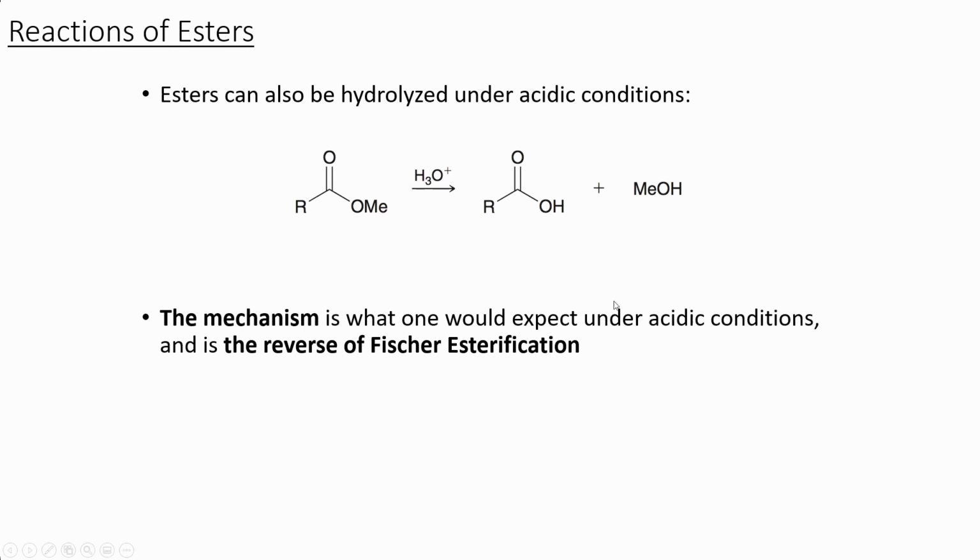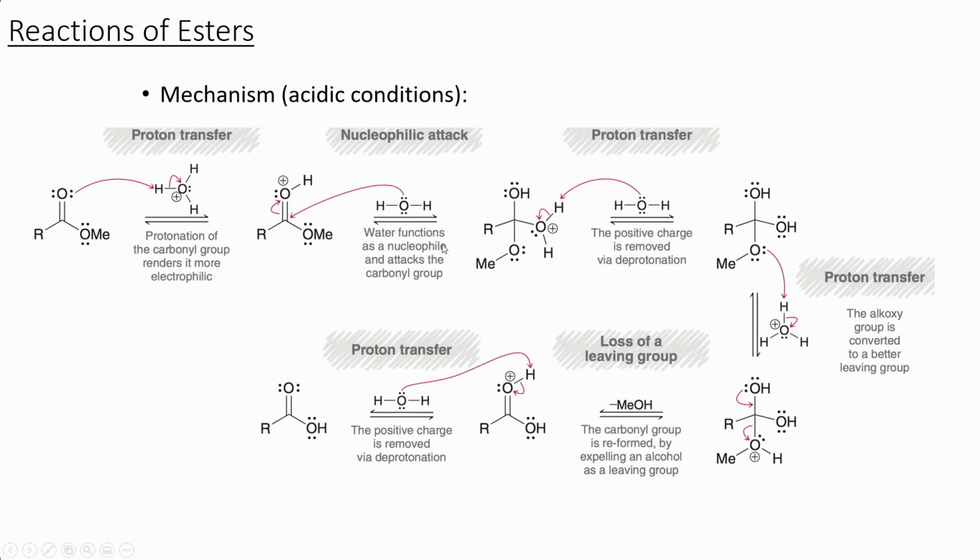Under acidic conditions, we can reverse the equilibrium of the Fischer esterification, and to do this we would need excess water. This mechanism is more or less going to be the exact opposite of the mechanism that we saw for the Fischer esterification. We're converting an ester to its carboxylic acid. We begin with protonation of the carbonyl oxygen, followed by nucleophilic attack with water, which creates our tetrahedral intermediate that can then be deprotonated to form the alcohol.